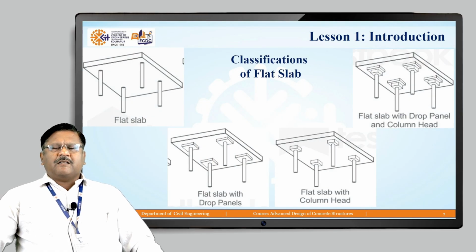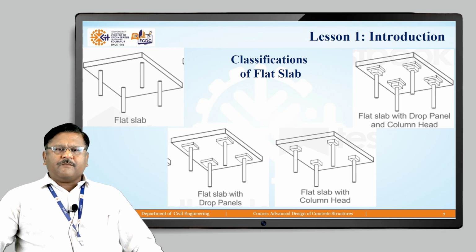Now these are the classifications of flat slabs. First is the flat slab, only the flat slab, which rests directly on the column. Second is the flat slab with drop panels, meaning some projections are made below the flat slab and above the columns to reduce the punching shear of the column into the slab.